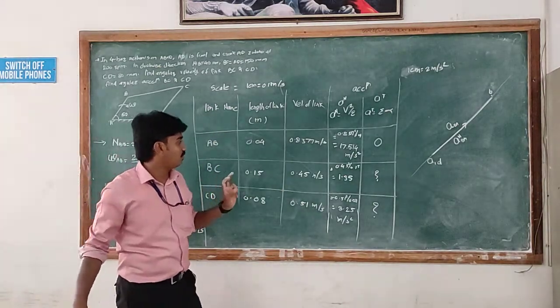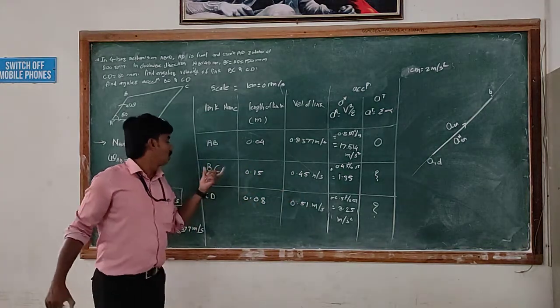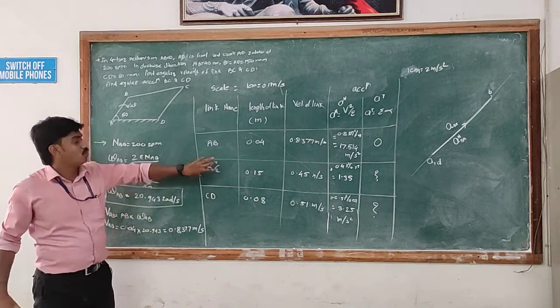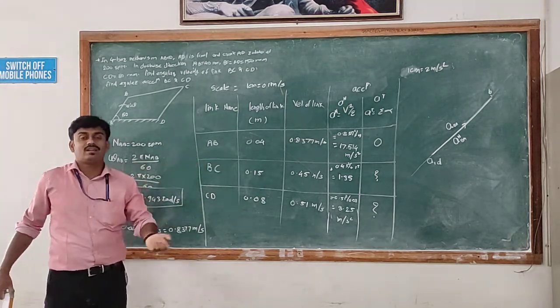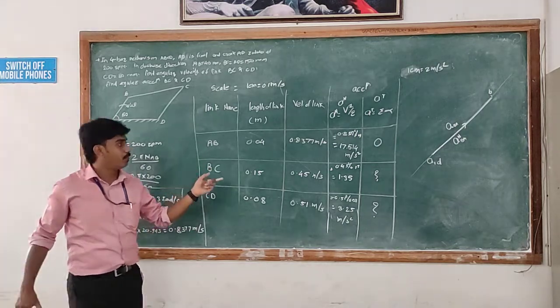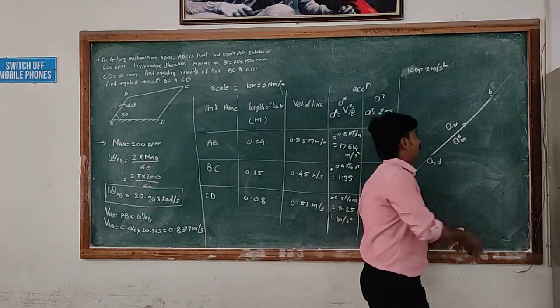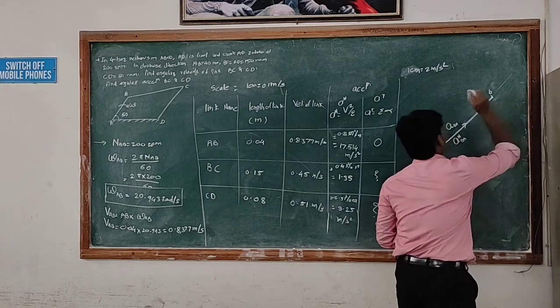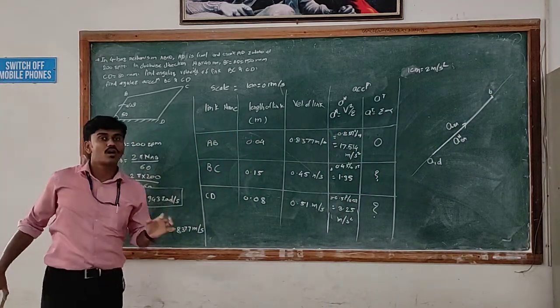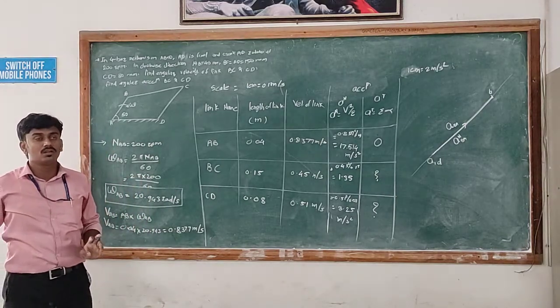Now we have to find the acceleration analysis for link BC. We have point B. We have to find where point C will lie. Okay. So we have to draw one line.